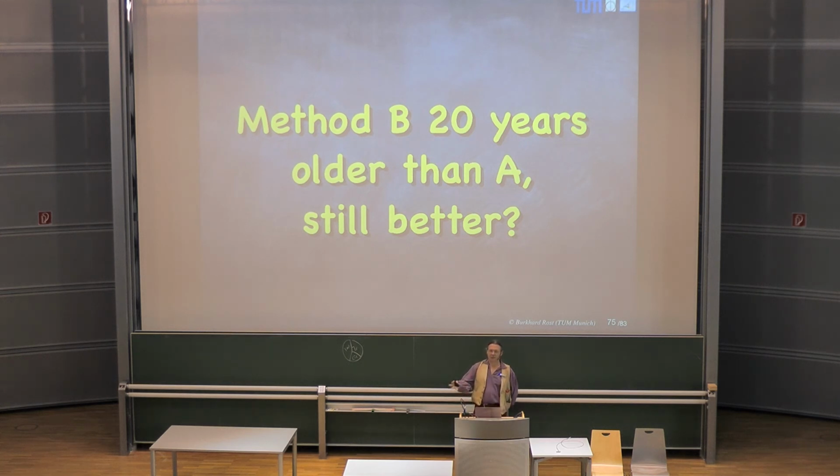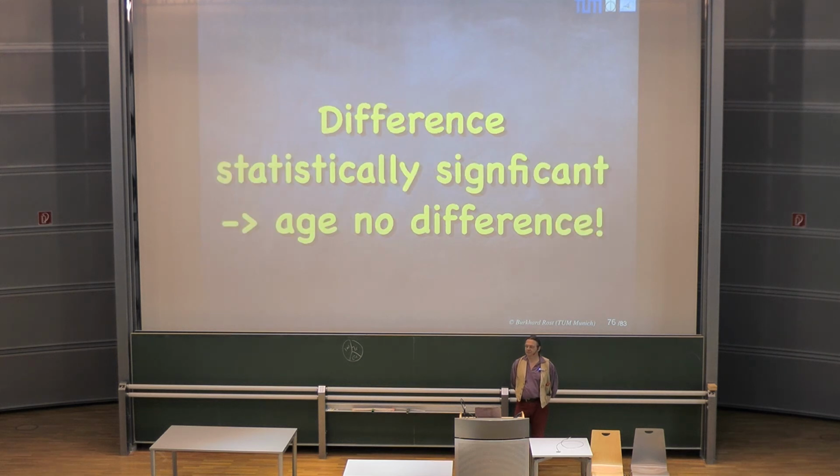I can tell you, my daughter would clearly have an emotional answer to this. Old is bad for her. You're not as young as my daughter, but you're more like my daughter in some sense. So is that your answer? Does that change anything? No, it doesn't, right? Statistically significant is not affected by the age of a method, absolutely not.